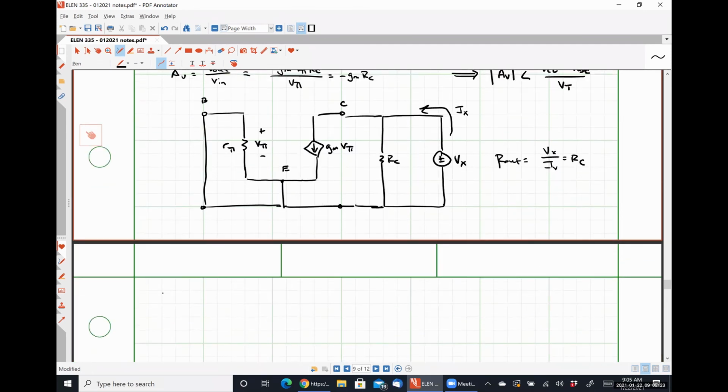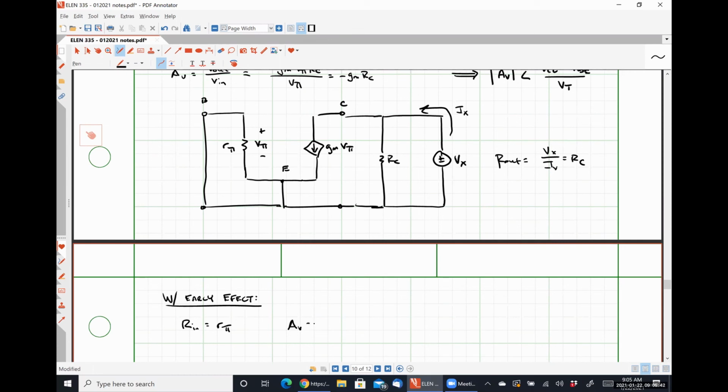So with early effect, we know that Rn is still R pi.